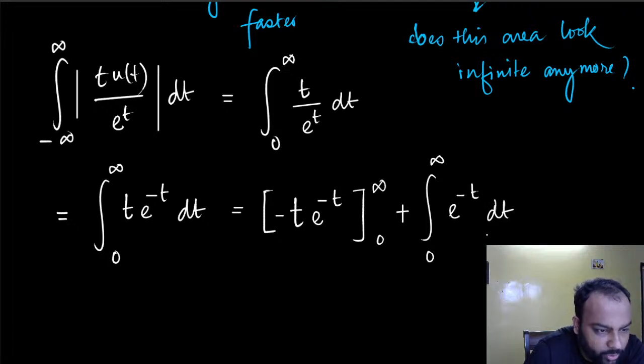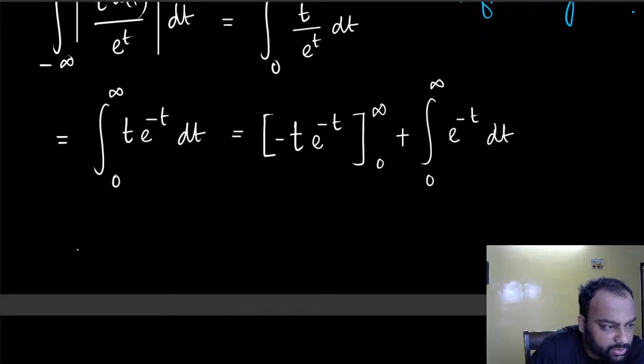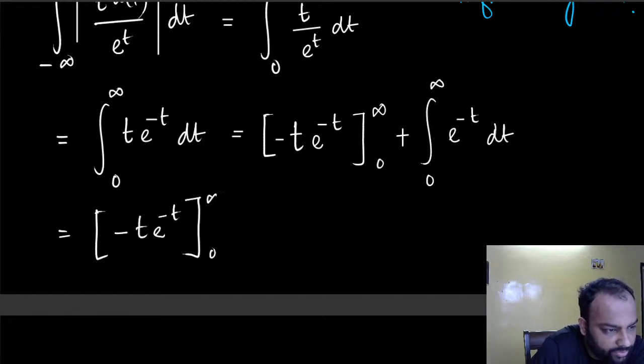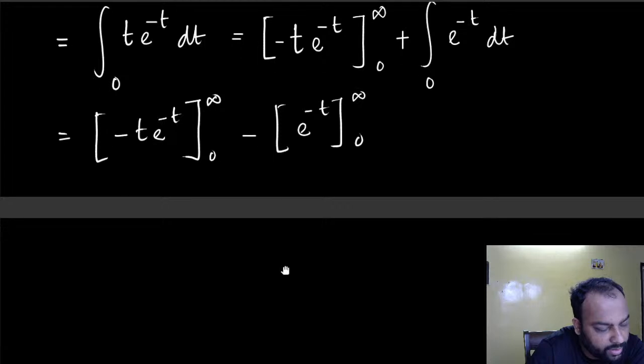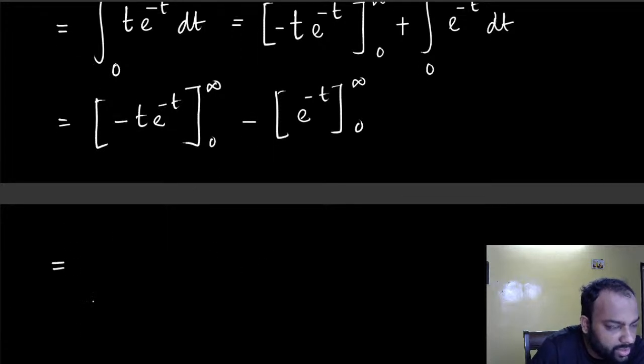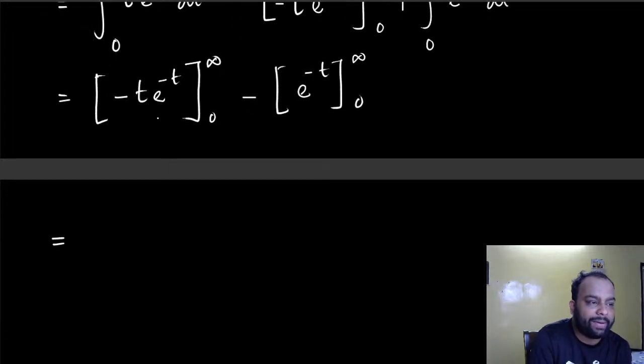All right, so if you do the integration by parts, this is going to be minus t e to the power minus t from 0 to infinity, and plus, again, minus e to the power minus t from 0 to infinity, right? Now if you put the upper limit here, think about it.